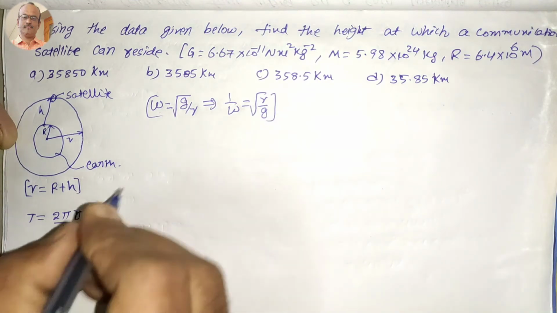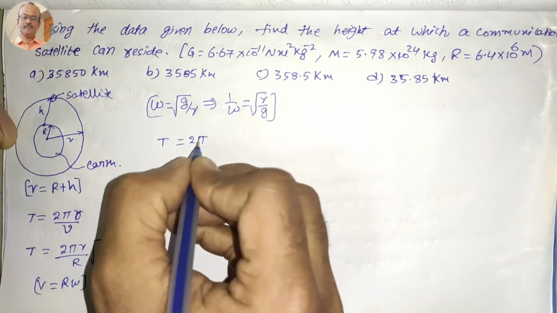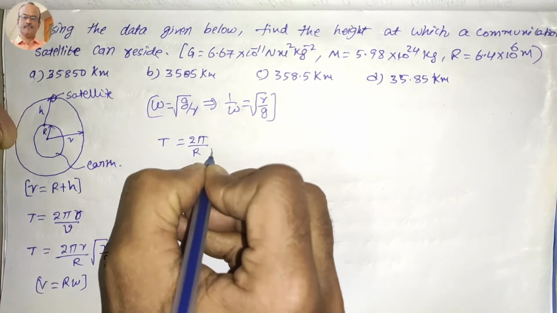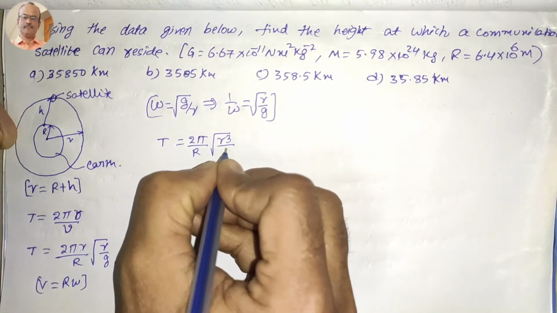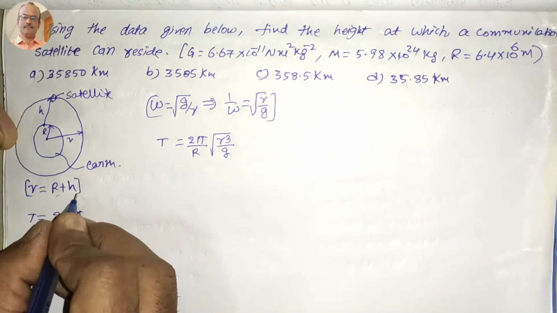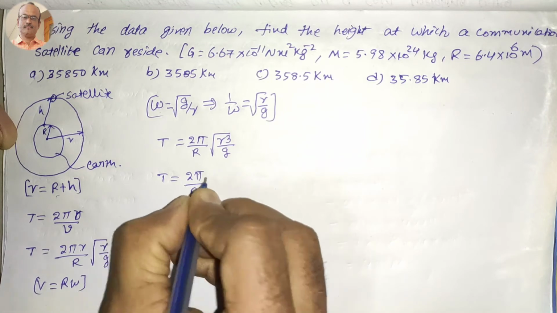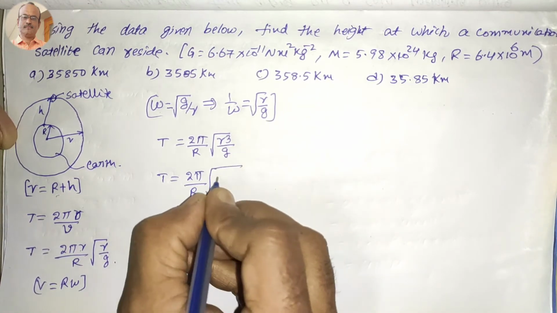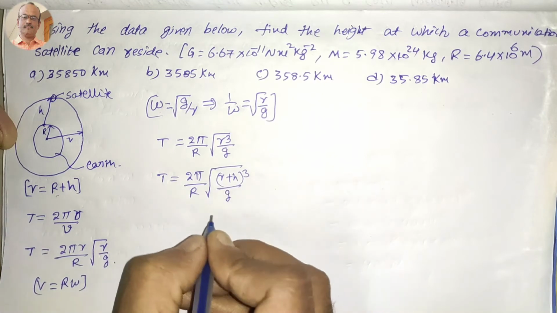Then afterwards what happens in this case? T is equal to 2 pi by capital R times, here r moves into that r cube divided by g. Already we know that r is equal to capital R plus h. So that's why T is equal to 2 pi by capital R square root over (R plus h) whole cube divided by g.